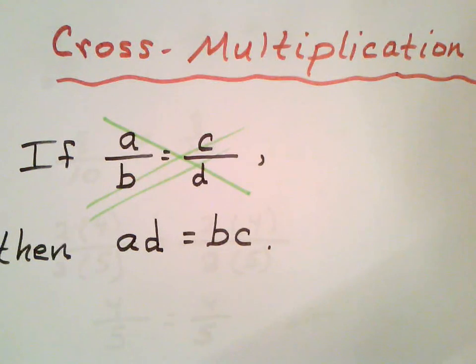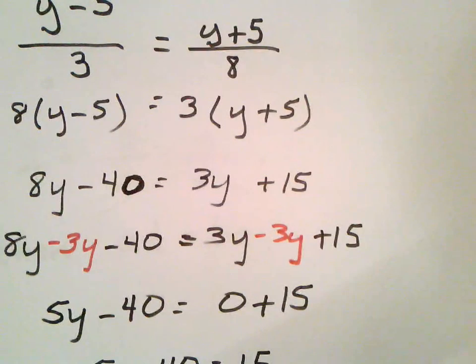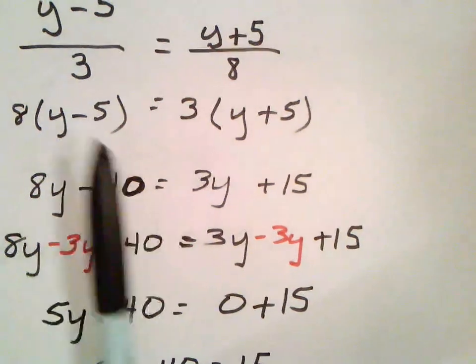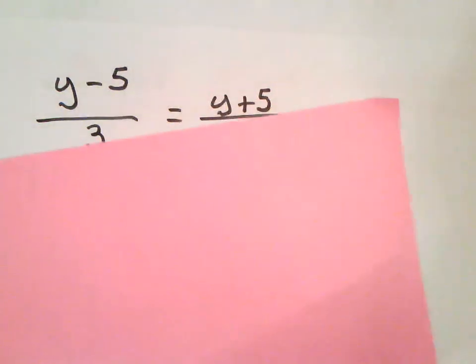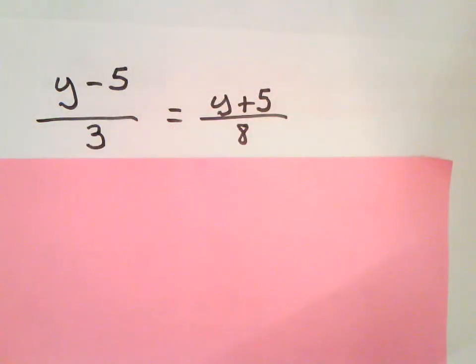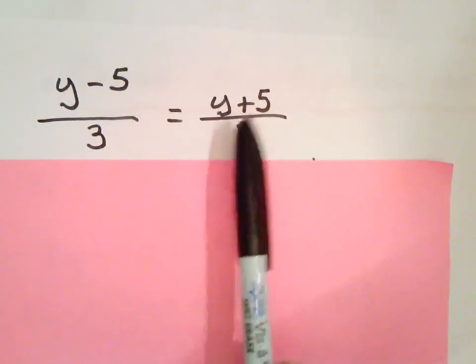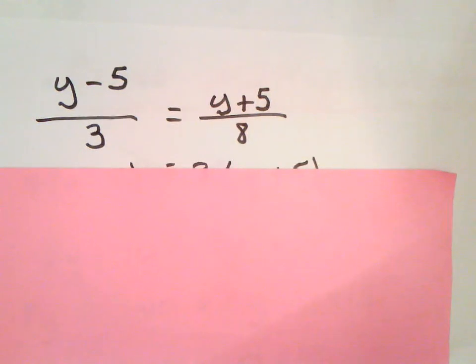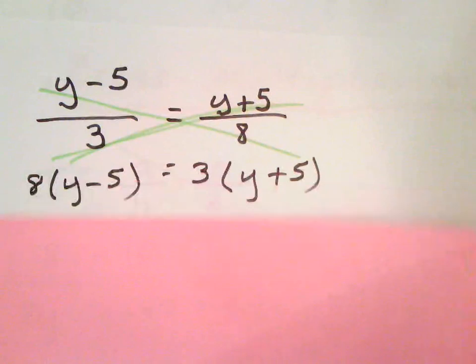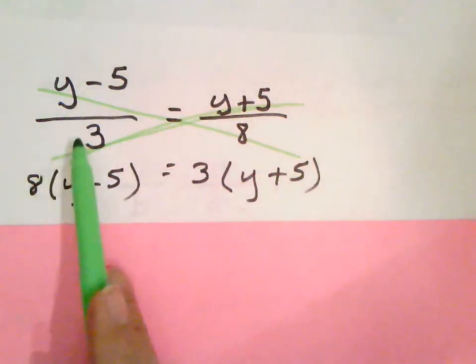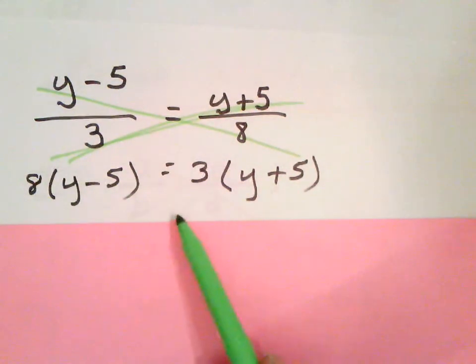And we're going to use that to solve this third equation, where we have here 5 times y minus 5 over 3 equals y plus 5 over 8. We're going to cross multiply, and we're going to get 8 times the quantity y minus 5 equals 3 times the quantity y plus 5.